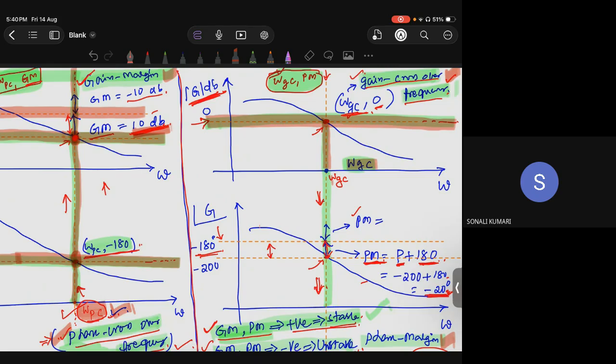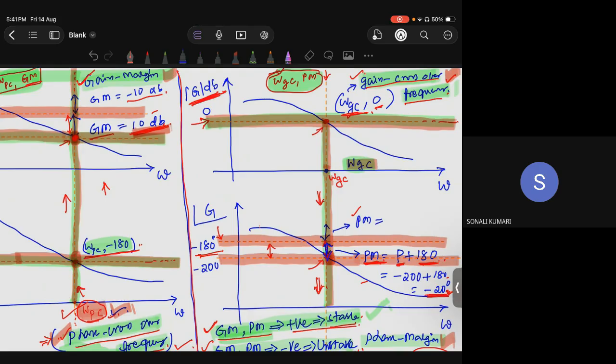Then extend the same thing down and check where it hits the phase plot. Then again draw a horizontal line at minus 180 and find this difference.